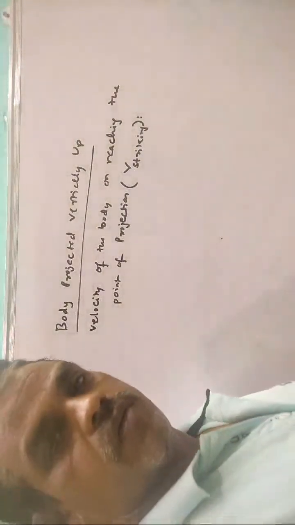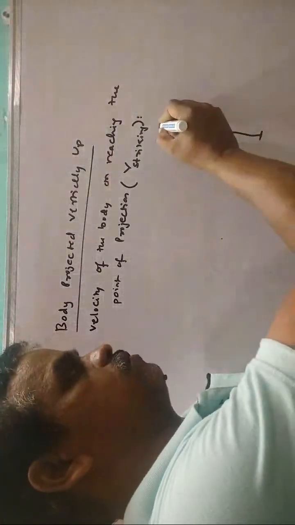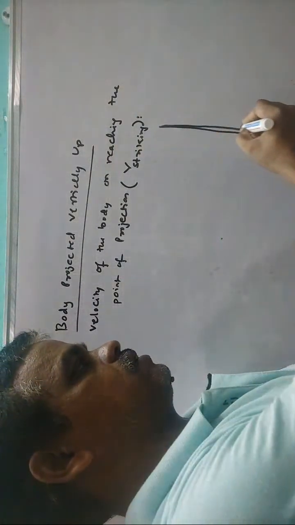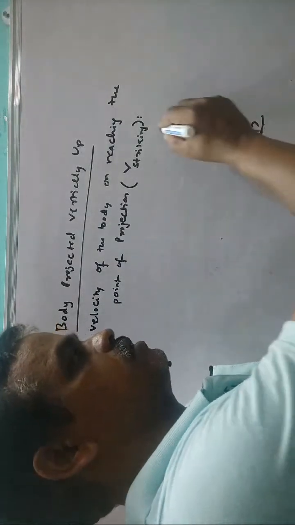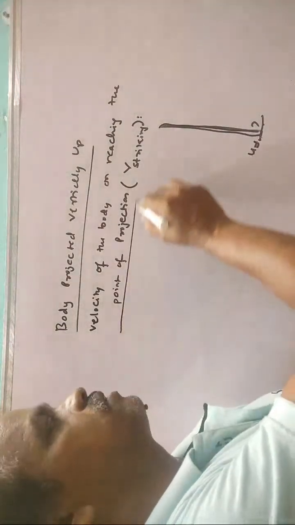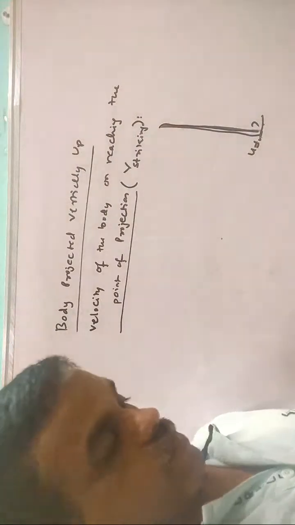That means we started here, it goes up, then strikes the ground. So it is u not equal to 0. What is the velocity on striking the ground, on reaching the point of projection?